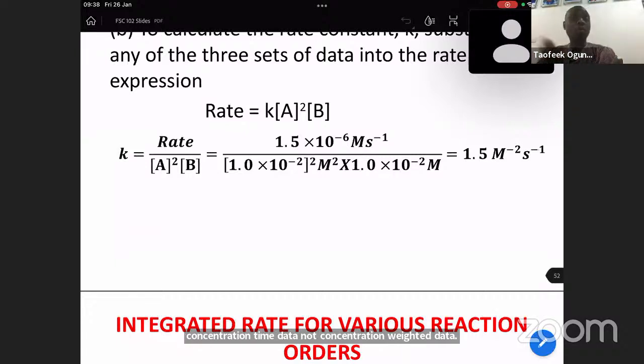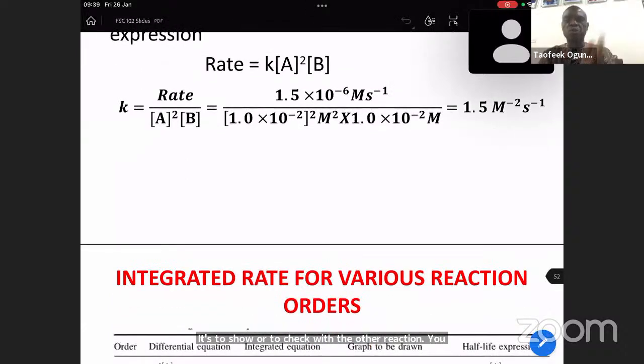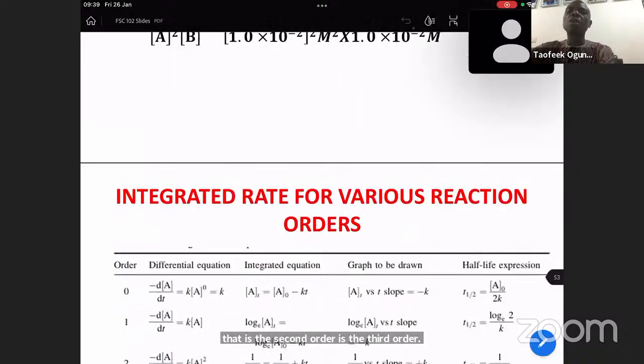Of course, you can always get rate from concentration time data, but there are times when you just want to use that concentration time data to check the order of reaction. You don't want to go through all this. You just want to say, okay, we have concentration and time data. You want to see, is the reaction first order, second order, or third order? That is what you use the integrated rate equation for.